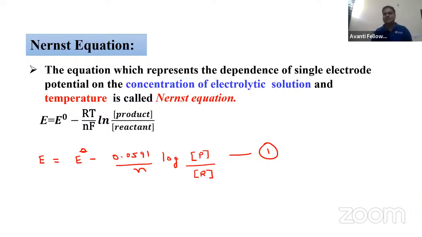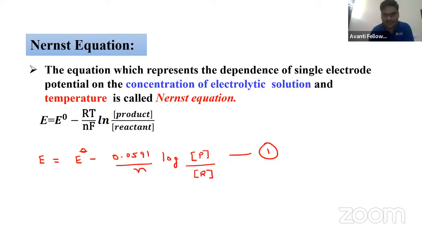So by putting all these constants, either T, R, F or the ln conversion, 2.303, we can easily get this formula. This formula is very useful for us to find the EMF of the cell, that is E naught minus 0.0591 divided by n log P by R.